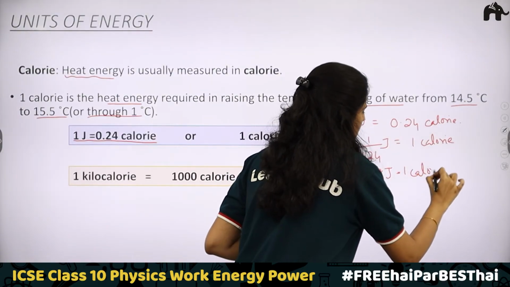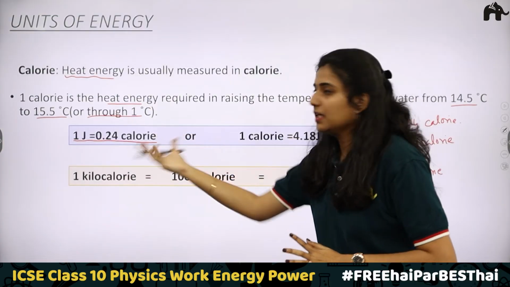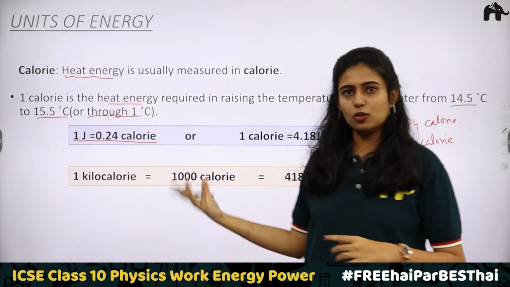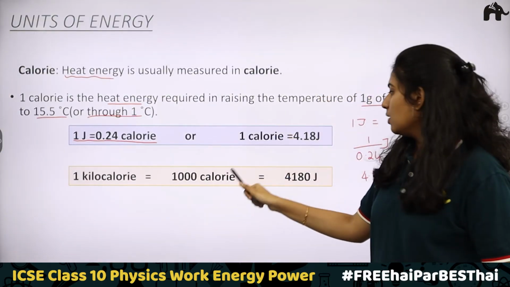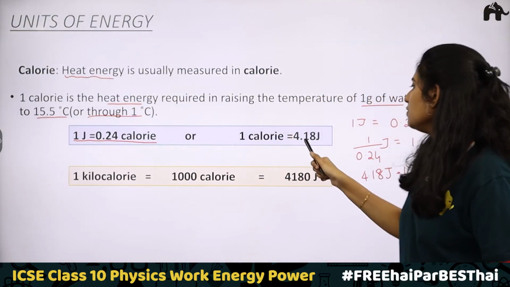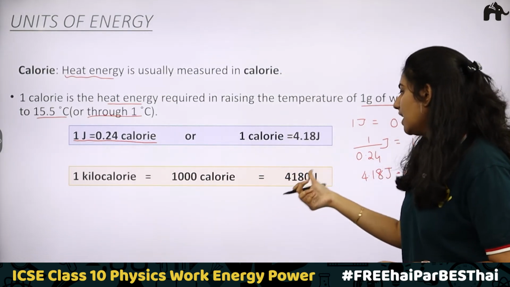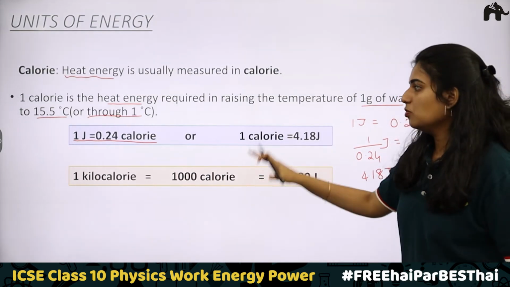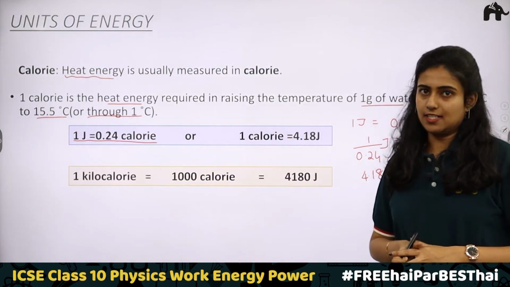Therefore, 1 calorie is 4.18 joules. Next, a bigger unit, which is kilocalorie. Kilo means 10 raised to 3. 1 kilocalorie will be 1000 calories, which is 1000 into 4.18. You will get 4180 joules. Understood what calorie and kilocalorie is? It is mainly used in case of heat energy.